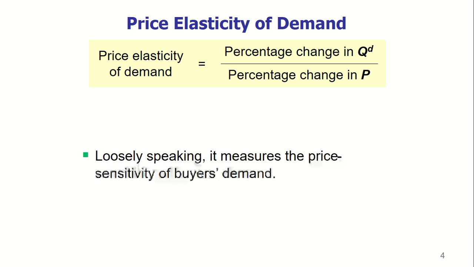Now here comes the price elasticity of demand. There is the formula for the price elasticity of demand, that is percentage change in quantity demanded divided by percentage change in price.